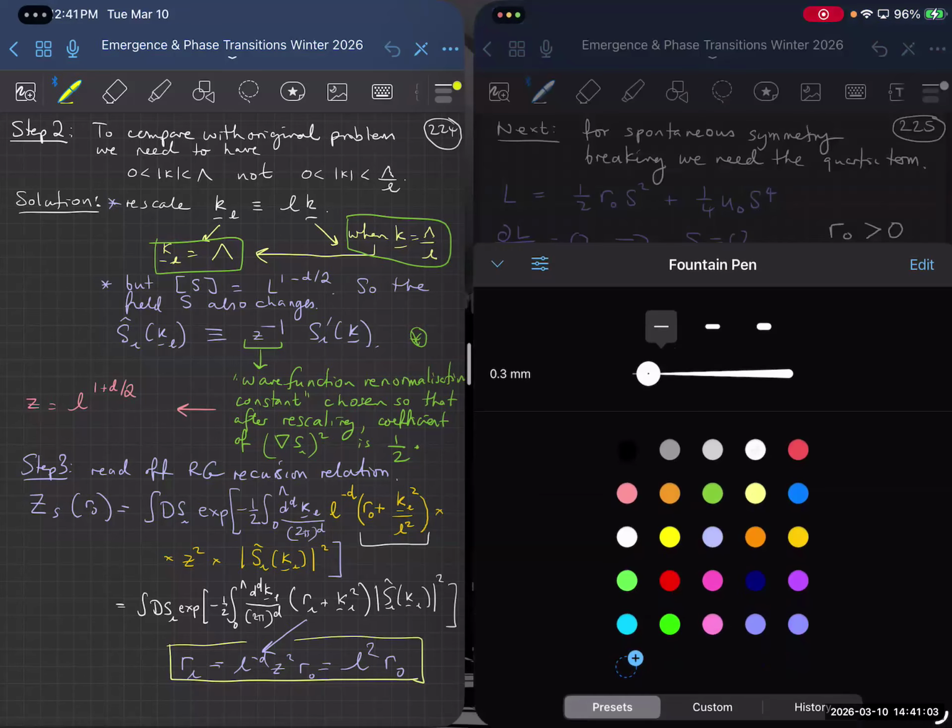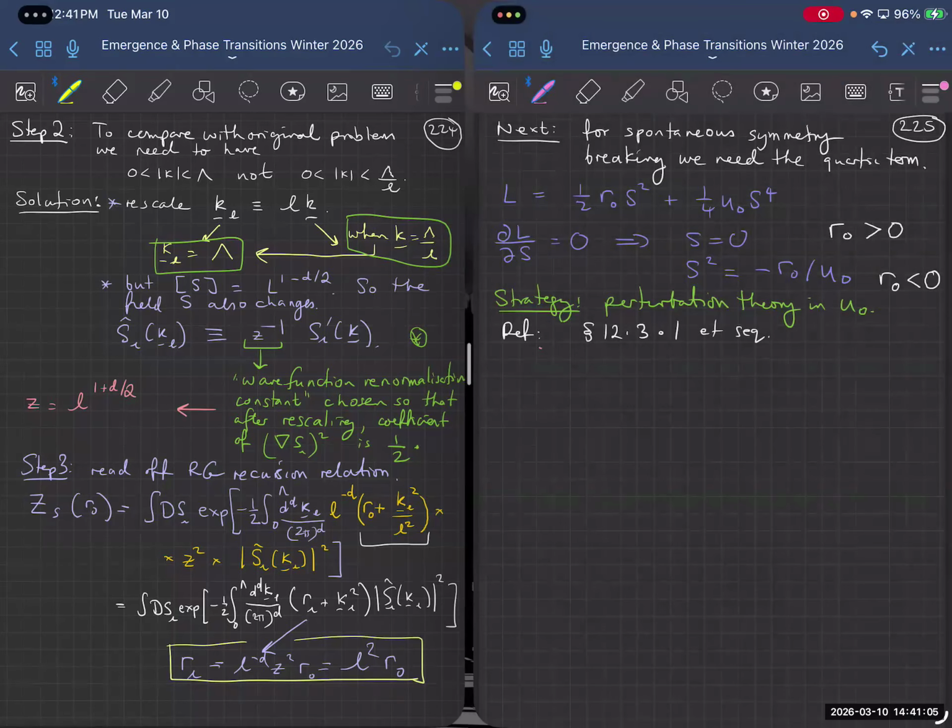Okay, so let's now write down the problem as we want to do it. I'm going to write down my effective Hamiltonian as the integral dr, and then 1/2 grad S squared plus 1/2 R naught S squared plus 1/4 U naught S to the fourth, and then minus H naught S when we want to put in an external magnetic field.